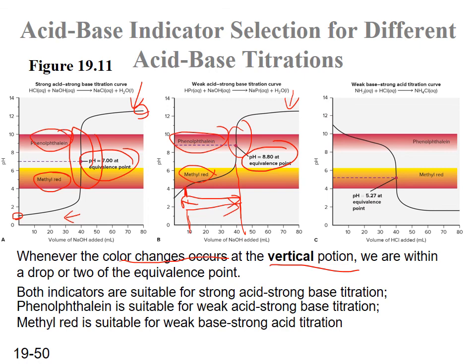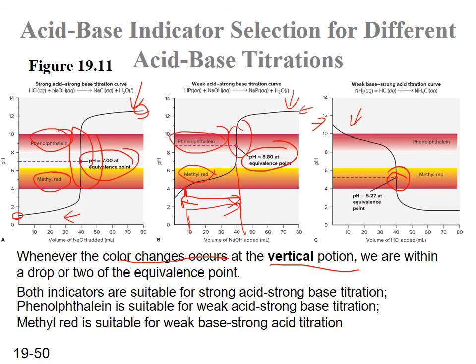Now the third curve is for a weak base, strong acid titration. How do you know? Well, the equivalence point pH is below 7. It's 5.27. So that's an indication of a weak base, strong acid titration. Also, at the beginning, the pH is above 7, but not as high as for a strong base.